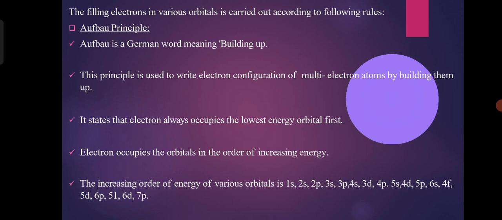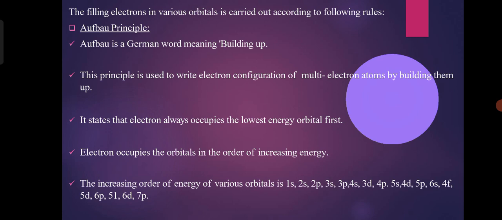In a multi-electron atom, filling starts in this manner: first the 1s orbital is filled, then 2s, 2p, 3s, 3p, and after 3p, instead of 3d, the electron goes to the 4s level. This happens because of Aufbau's principle, which tells us that electrons first occupy the lowest energy and then go to higher energy.